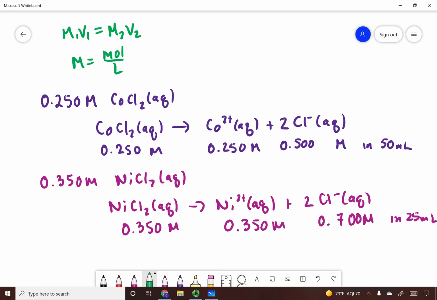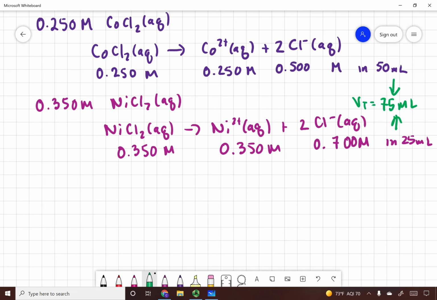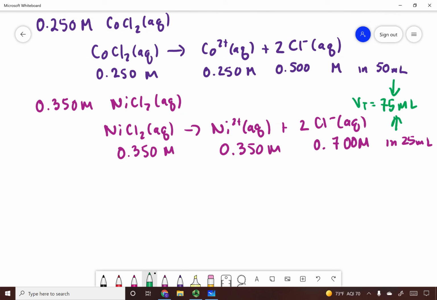Now I'm going to combine these 2 solutions together, and my final solution will have a total volume of 75 mL. So now what we can do is we can start calculating concentrations of things. So when I combine these 2 solutions, you'll see that cobalt is only coming from one solution.